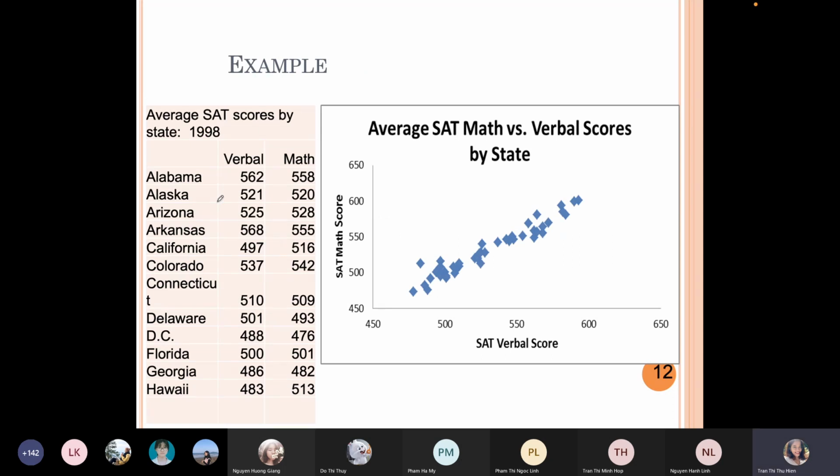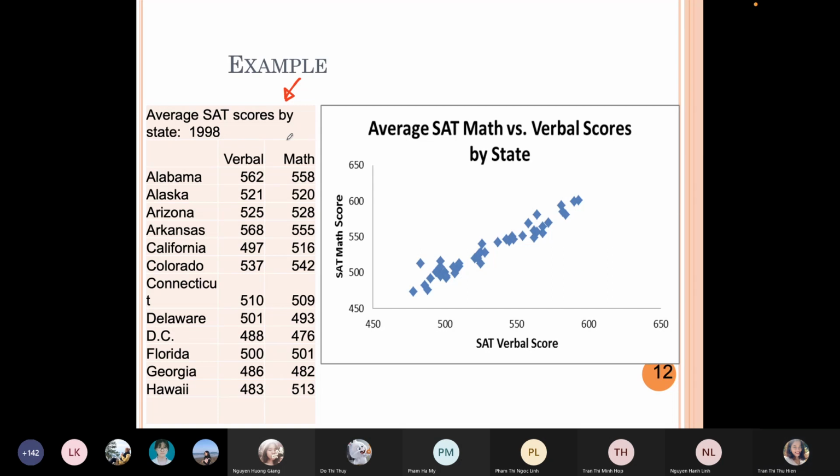So we have an example here. When you look at the table on the left-hand side, it is average SAT score by state, 1998. The first column is areas, the second column is verbal, and the last column is math.